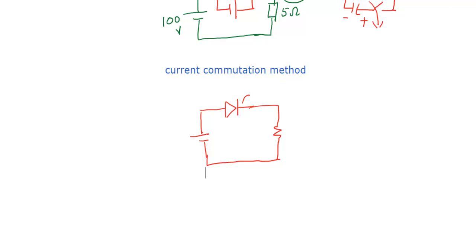Assume this has 100 volts, and this is 5 ohm, and the thyristor is always carrying a current of 20 ampere. Now how will you turn off this conducting thyristor, because it is always carrying 20 ampere? In that case, we will give a sudden reverse current.